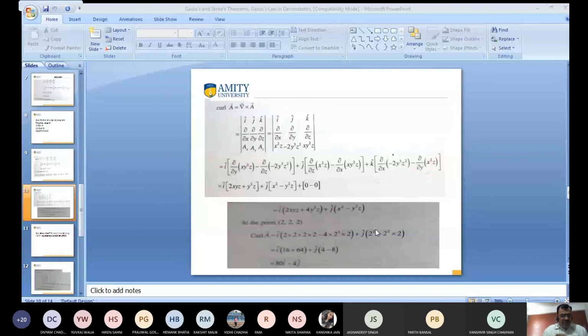So, Jasandeep. Present, sir. Rama. Present, sir. Divyam. Present, sir. Okay. Mohit. Present, sir. Shekhar Vasisht. Present, sir. Sahil. Present, sir. Vanshika. Present, sir. Vidhi. Present, sir. Hiren Shani.